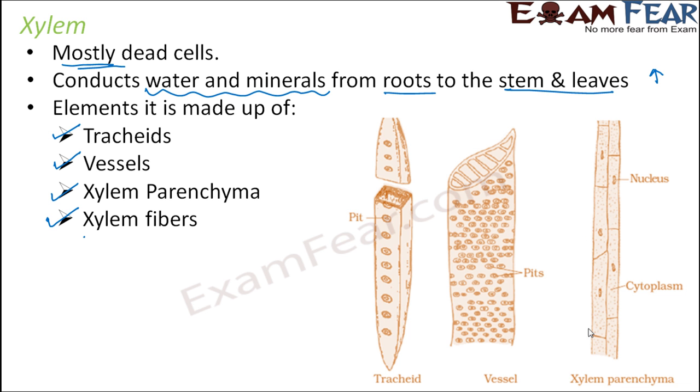Xylem parenchyma looks almost like a parenchyma cell with cytoplasm and nucleus. The appearance itself tells us that the structure of each of these elements is quite different. They are not similar. So we are convinced that xylem cannot be a simple permanent tissue because it is made up of different types of cells. Now let us talk about each of these elements.